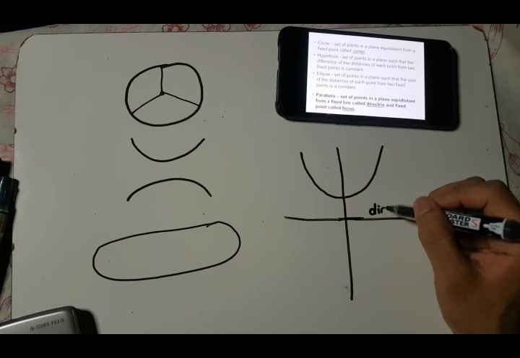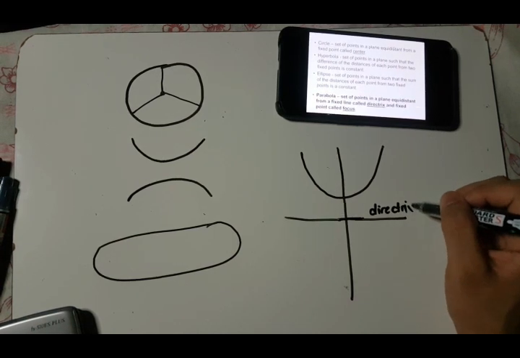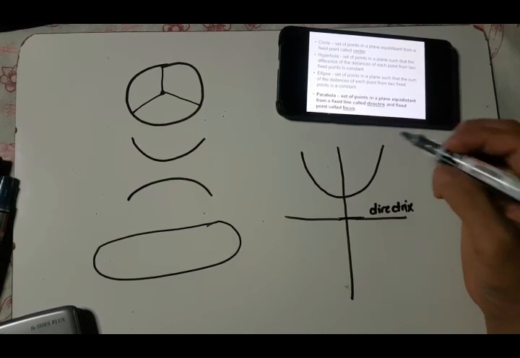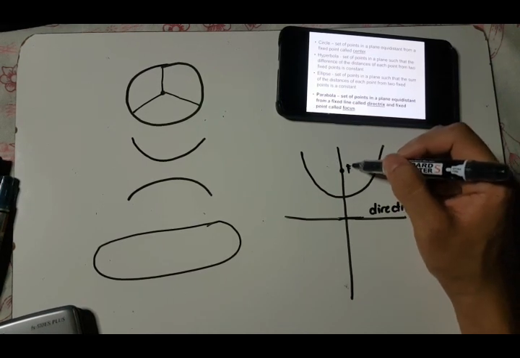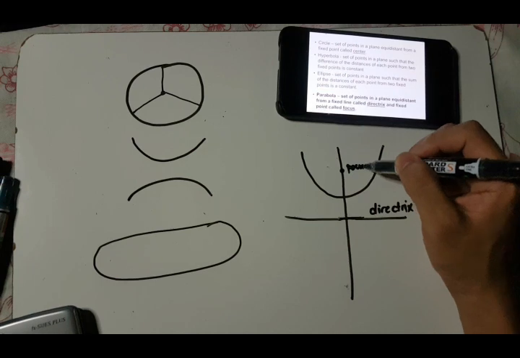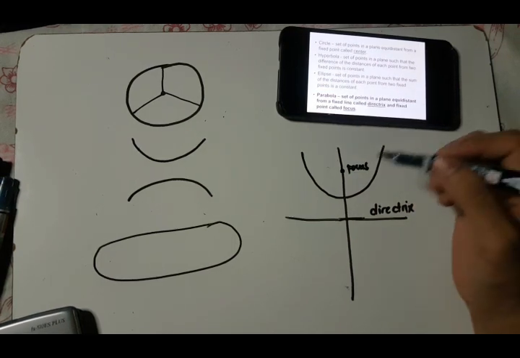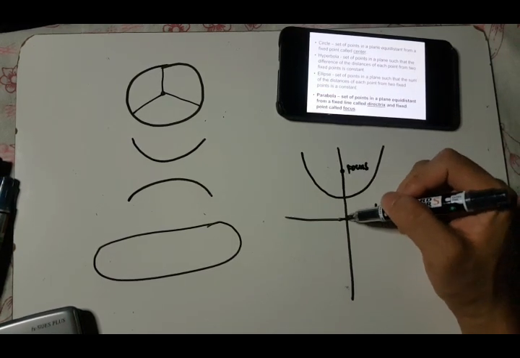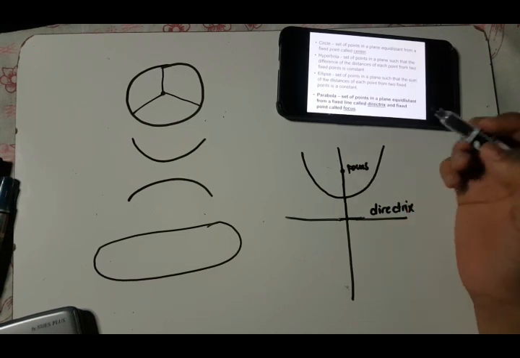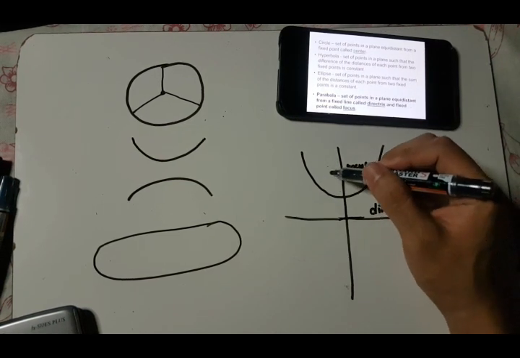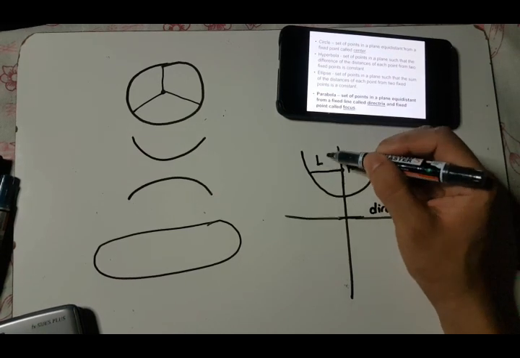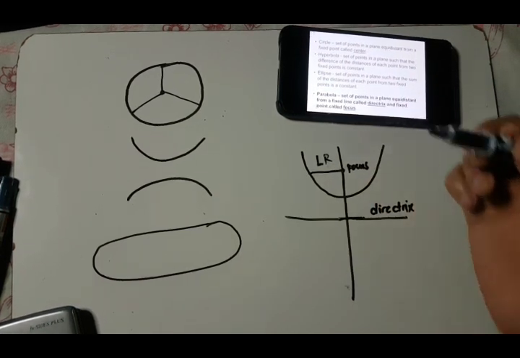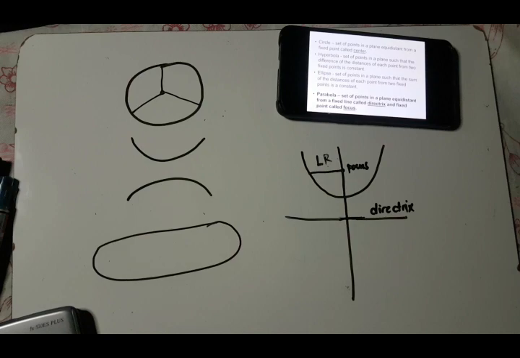Itong line na to. And a fixed point called focus. Ayan. So, this is focus. Itong dalawang to ay congruent. So, paano naman itong line na to? So, this is what we call the latus rectum. If ever maitanong siya sa inyo sa board exam.